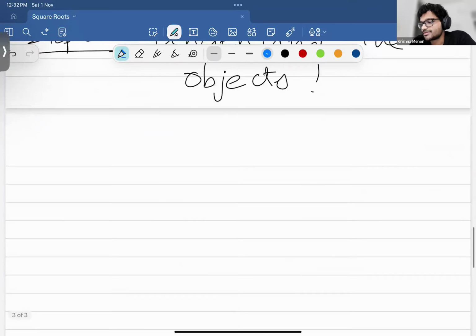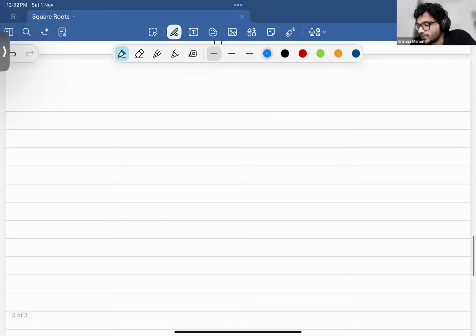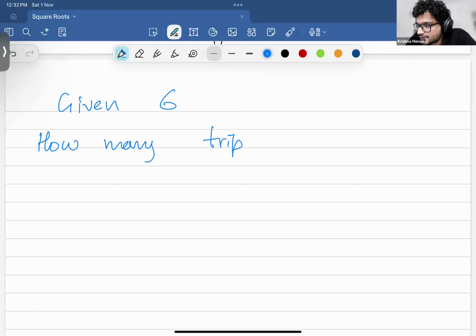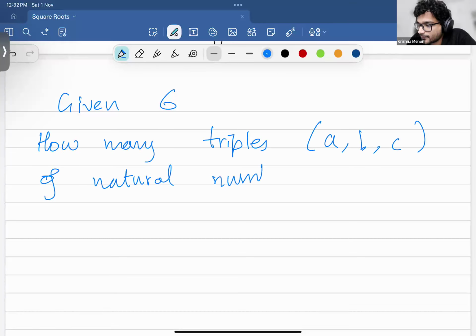Okay? But now let us try to see what else we can do with this type of problem. So of course, the next sort of maybe natural problem would be, so now you are given, let's say, 6. How many triples A, B, C of natural numbers are there with A plus B plus C equal to 6?